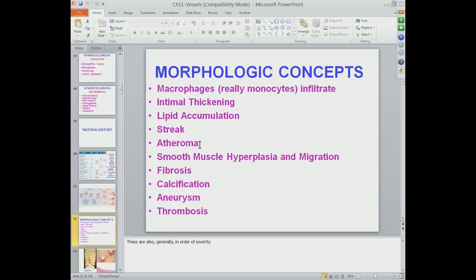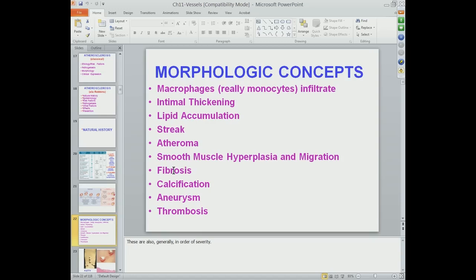Plaque has different meanings. We saw plaque in Alzheimer's disease, but when I talk about plaque in arteries, they're referring to atheromatous plaque. You can see not only smooth muscle hyperplasia, but you can see the smooth muscle involving more and more of the intima rather than being contained to its media.